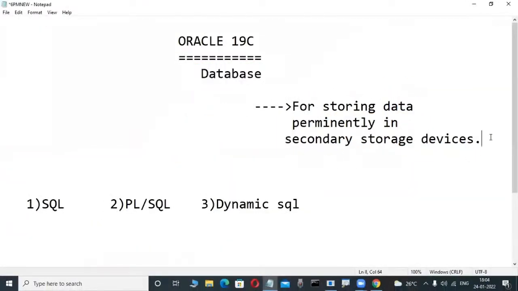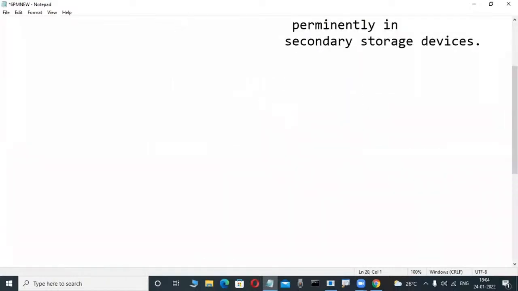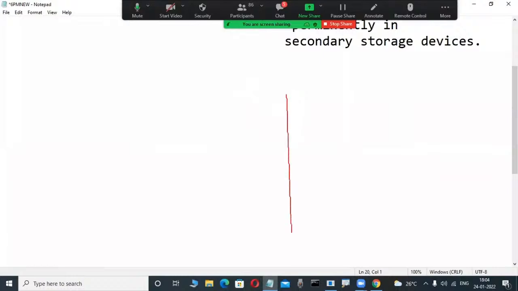But unfortunately, as I'm telling in previous classes, observe slowly: a database is a place. Whenever we install Oracle, SQL Server, DB2, these types of databases in our system, automatically one place is created. That is called a database.